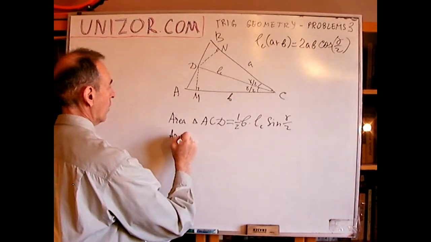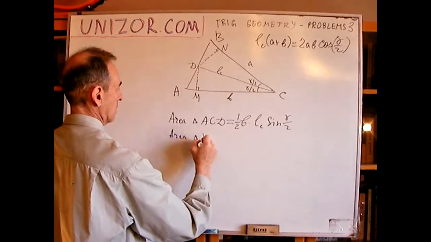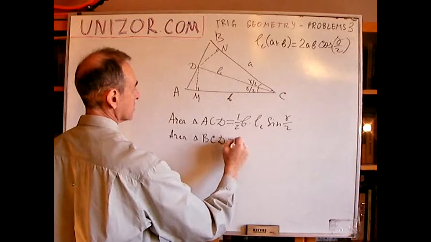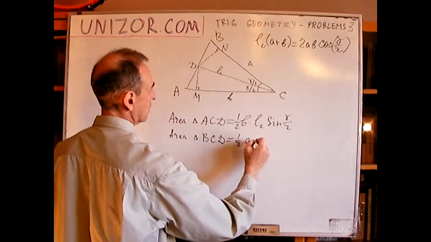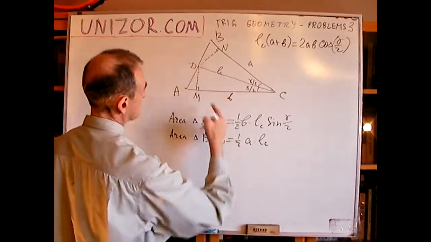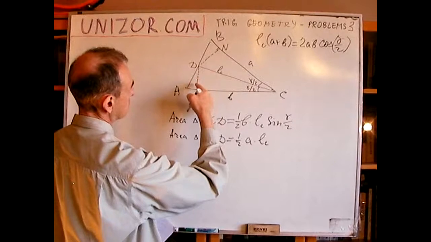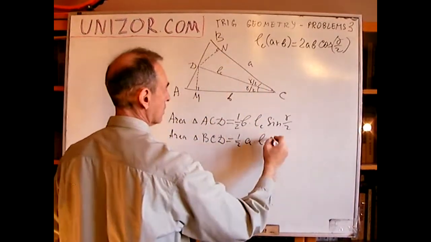Now, area of triangle BCD equals, again, 1/2 of the base, which is A, times LC, times DN is exactly the same. It's also LC times sine of gamma over 2.